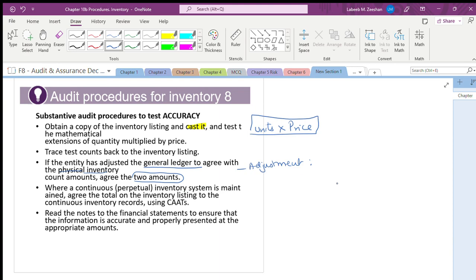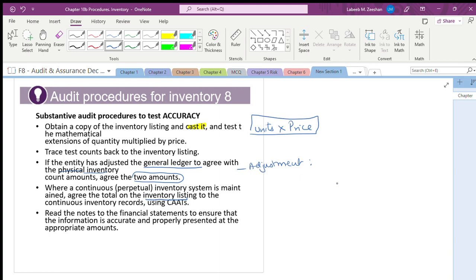When a continuous perpetual inventory system is maintained, agree to the total of the inventory listing. The problem is with respect to perpetual inventory count. They will not say continuous, is it right? They say it is perpetual. When we say it's perpetual, it means continuous. In that situation, we have to make sure what precautions we are taking.